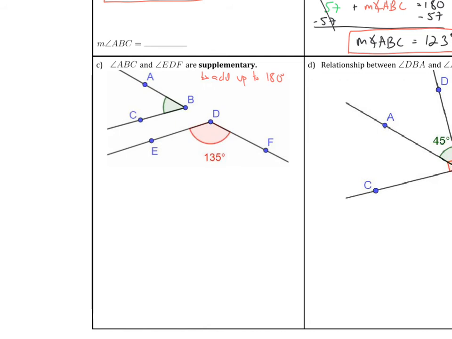So taking a look at angle ABC and angle EDF, we notice that angle EDF is 135 degrees. And if we need to solve for the measure of angle ABC, well, because these two angles add up to be 180 degrees, that allows us to write the equation.